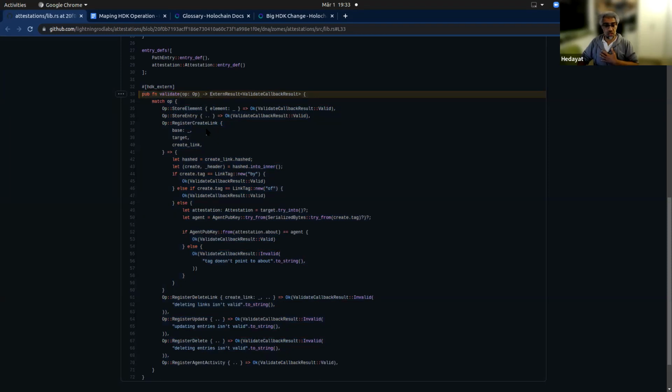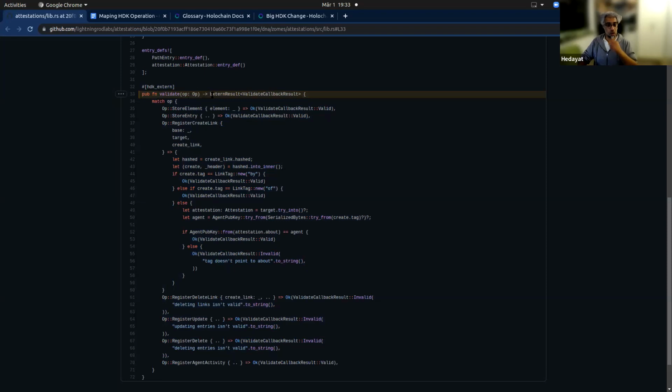I believe it is really close to CRDT. Am I right about the conflict-free data structure? Yes, because in validation we are receiving operations.